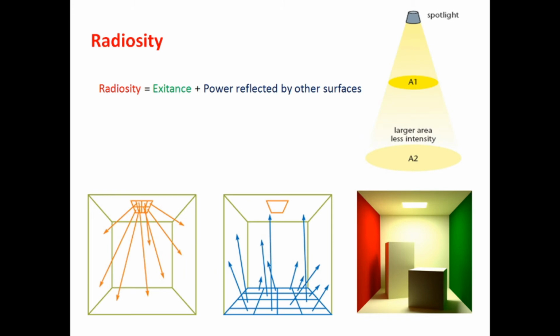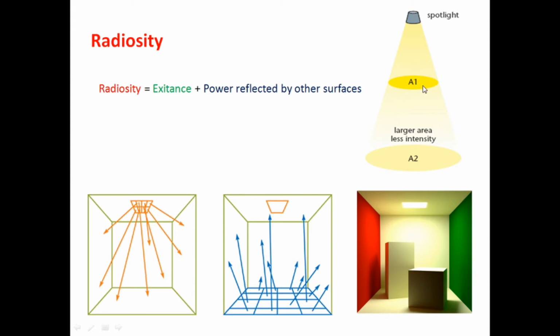Okay, now let's discuss a small concept here, that is radiosity. So what is this radiosity? You can see here on the right side there is a spotlight radiating its energy, and this energy is falling towards this area.